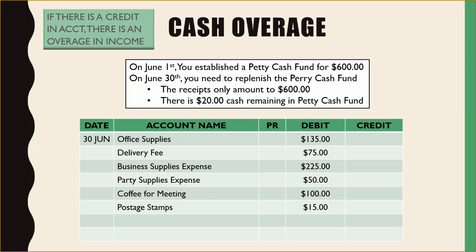So what you're going to do is now you're going to recognize that you have an overage. You have too much money. You have $20 left remaining in your petty cash drawer. So that means all you need to do is write a check for not the exact amount, but for whatever amount equals up to $600, because in this case you have leftover cash. Then, of course, what are you going to do?